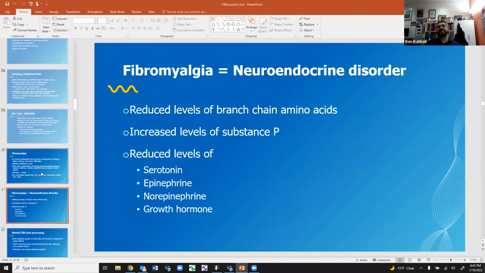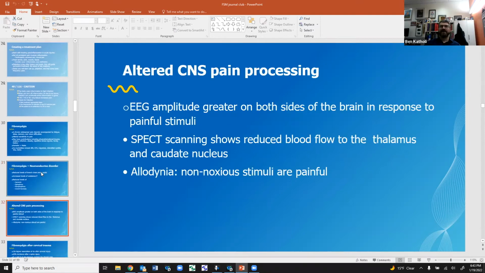So this has actually become thought of as more of a neuroendocrine disorder. We see altered levels of multiple hormones and neurotransmitters in the body. And these people have really altered pain perception, meaning if you put an EEG on them, they've got really elevated responses to pain. If you do SPECT imaging on them, they have different blood flow to the thalamus and the caudate nucleus.